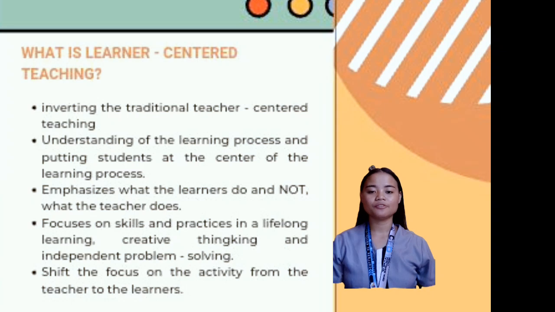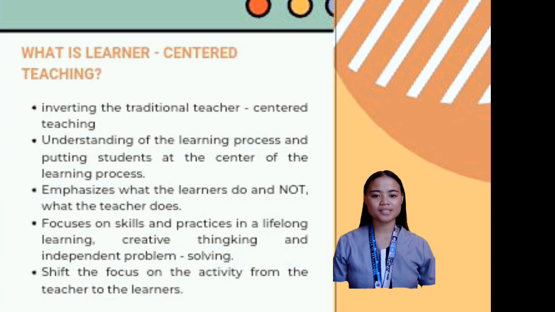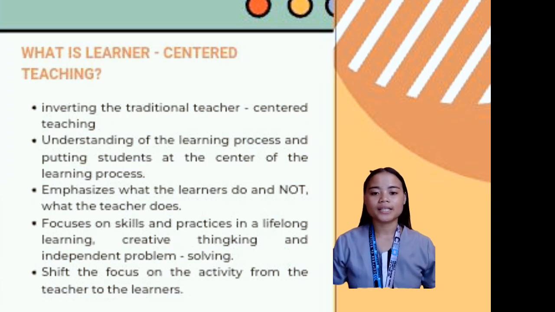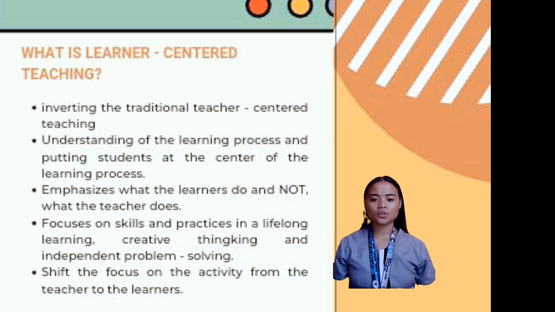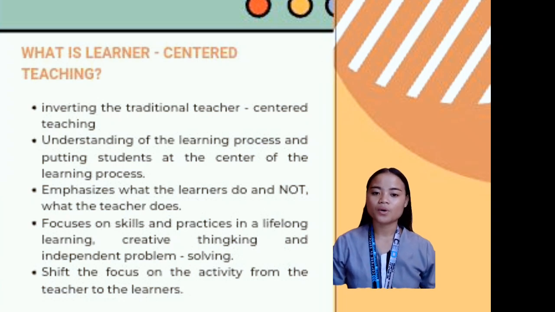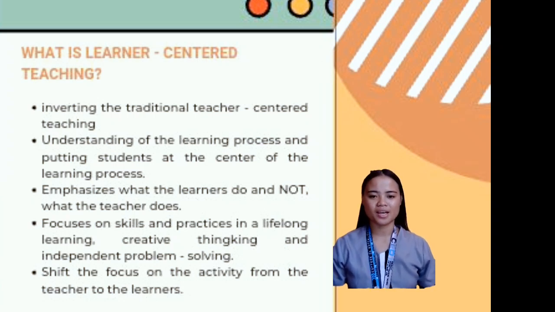Second, understanding of the learner process and putting the student at the center of the learning process. So, understanding of the learning process, meaning nga ang teacher need to be very observant to understand and to know the student, and we have to analyze everything about our students, especially sa ilahang background, their interest, intelligences, sa ilahang learning styles.